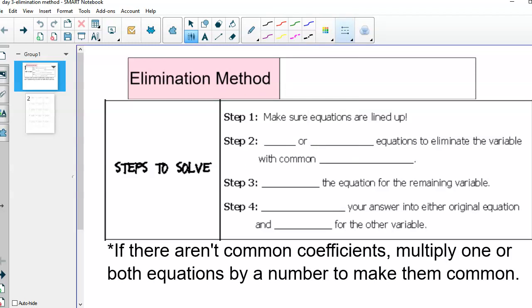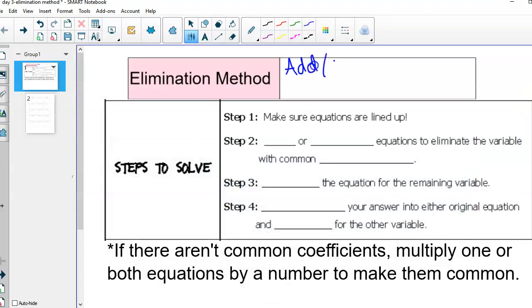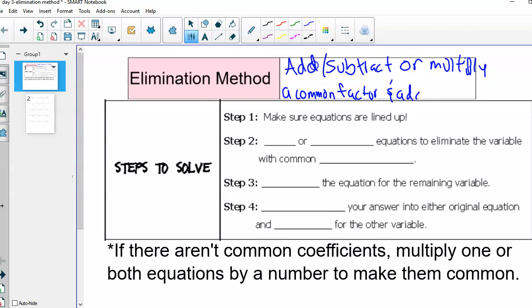Add or subtract, or multiply a common factor. What is that word after 4?